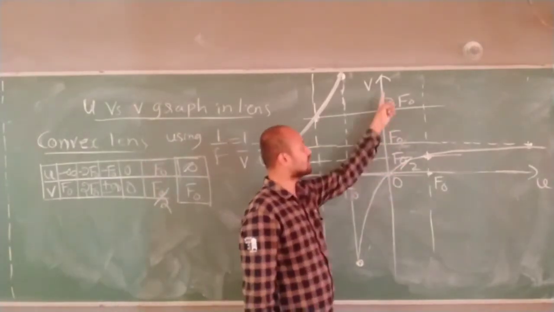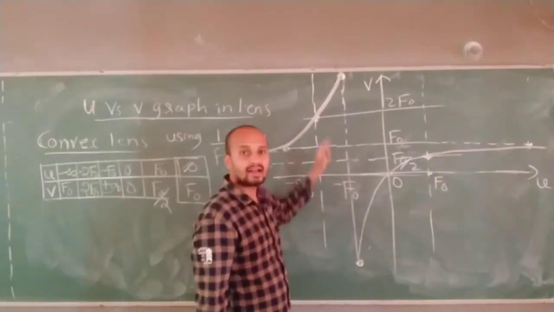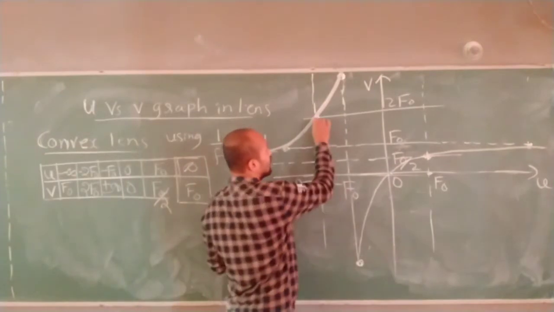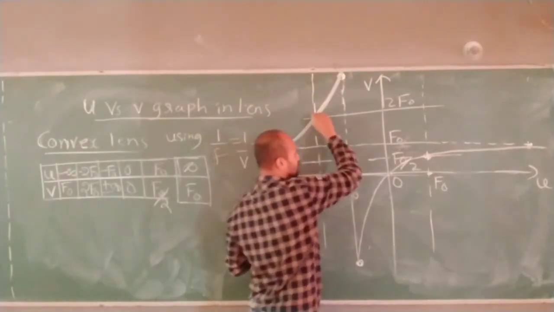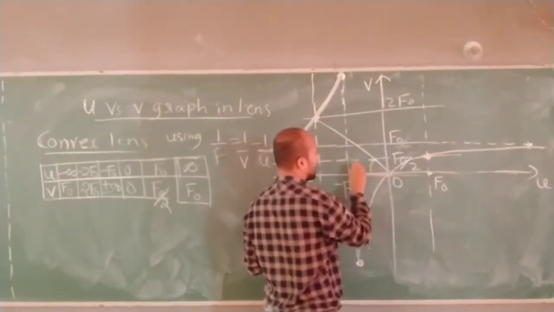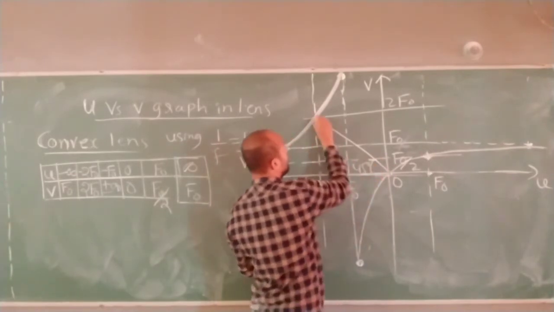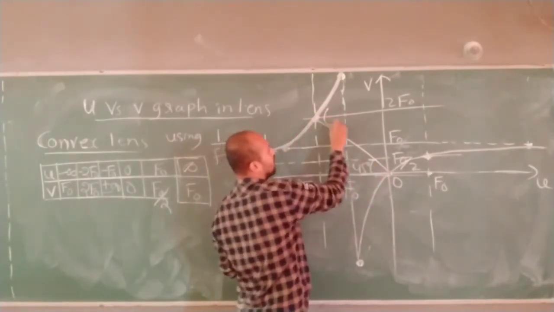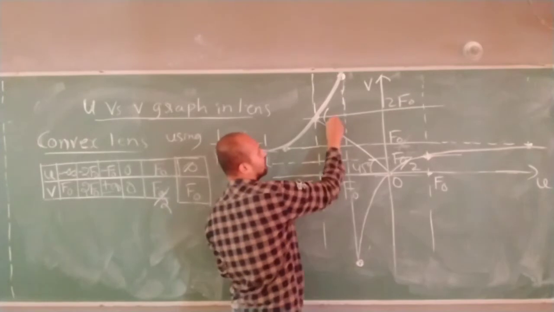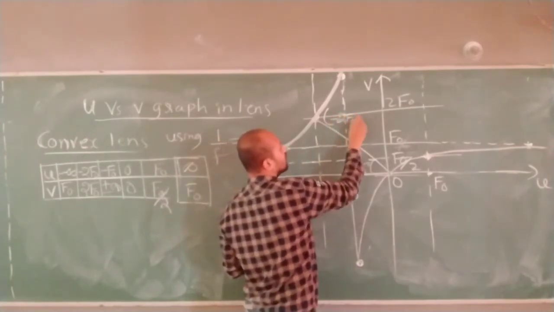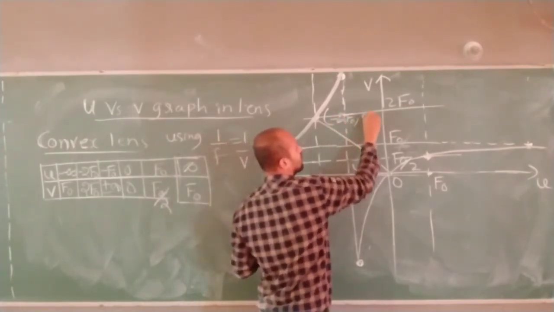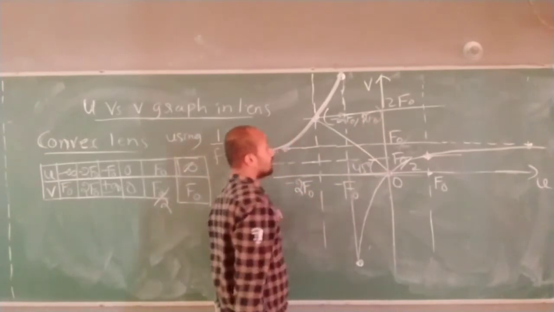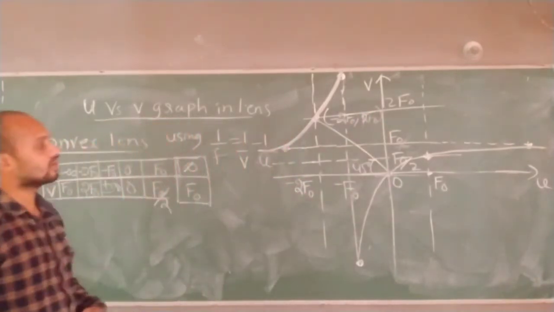Suddenly in convex lens, the v-u graph they will give, and they will give you this curve. If I join this by making 45 degrees, what are this point's coordinates? This point's coordinates will be minus 2 f0, comma 2 f0. Yes or no? Minus 2 f0, comma 2 f0.